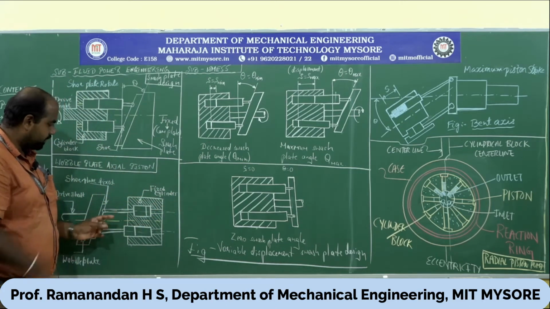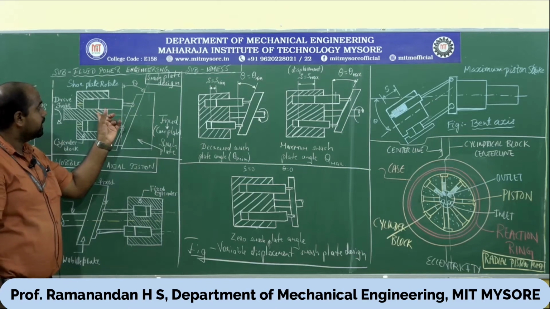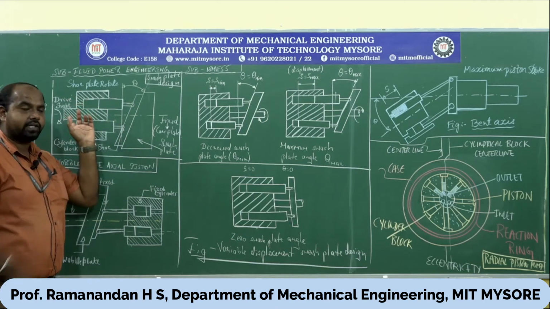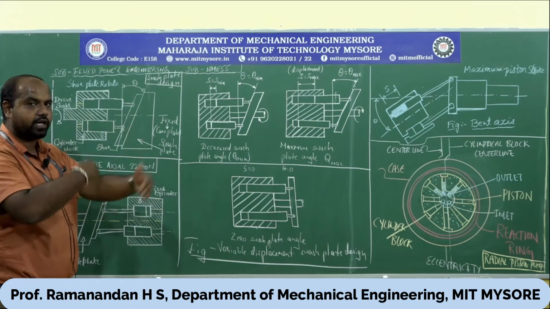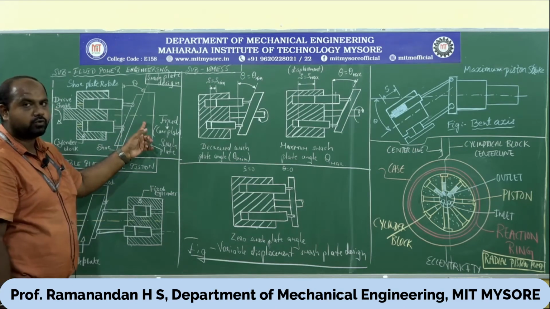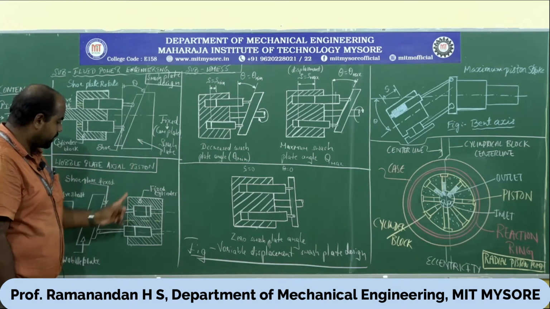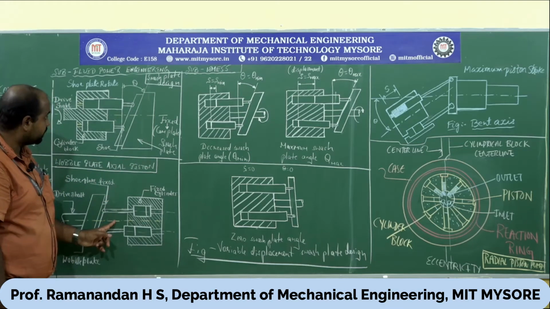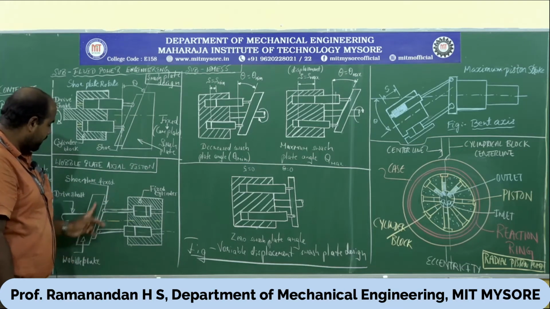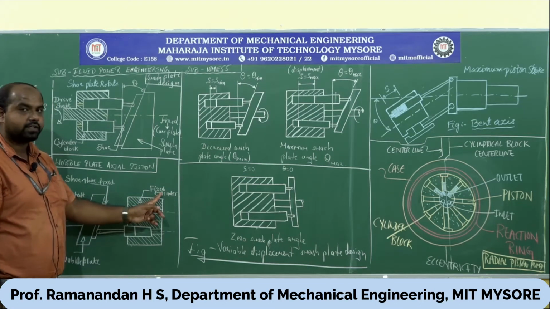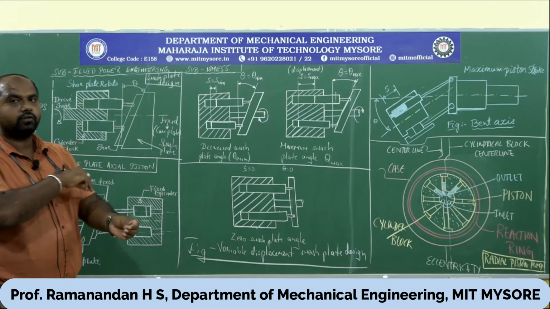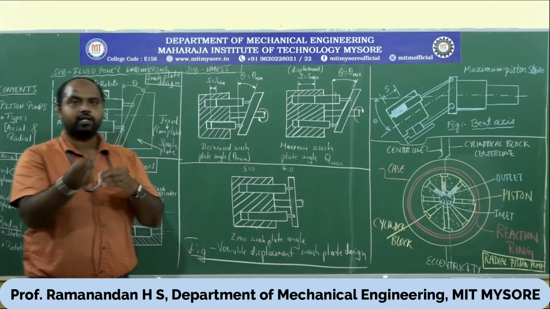Just observe, in the first case the cylinder block is connected to the driving shaft. That means the cylinder block is rotating, and the cam plate or swash plate is fixed. This is quite opposite to that. You can see here the swash plate is connected to the driving shaft and the cylinder is fixed, vice versa of the cylinder and swash plate.